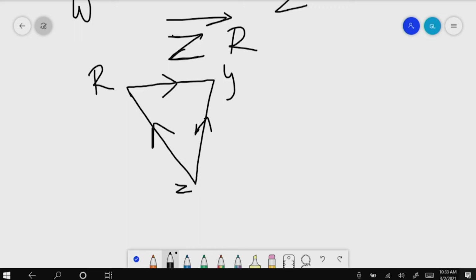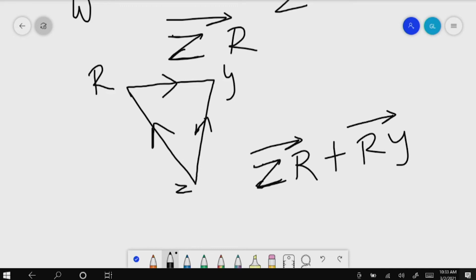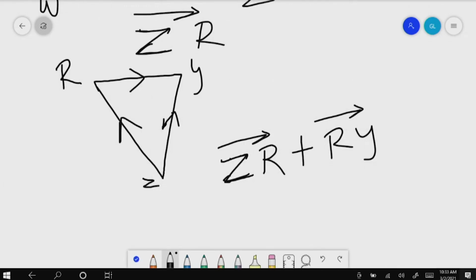Applying the triangular law of vector, we would have seen the two sides that are going in the same direction, which would have been ZR plus vector RY would have given us the size of this vector here, which would have been ZY.